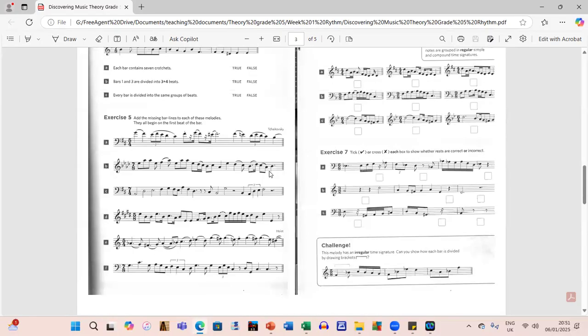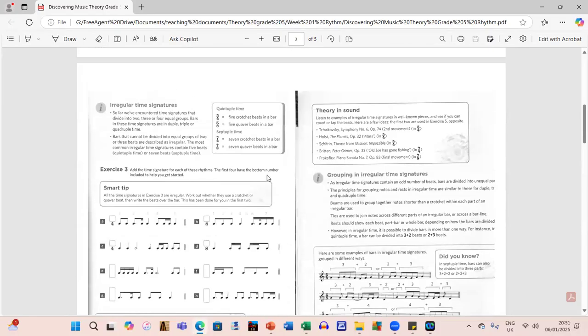If you want to leave 1 or 2 questions in each section where you don't do it, and then do it next week after we've gone through the answers, that's also quite a good way to make sure that yes, I did understand it and I did get all the other ones right. Then you can go back over those last 1 or 2 that you didn't do to make sure that you understood it.